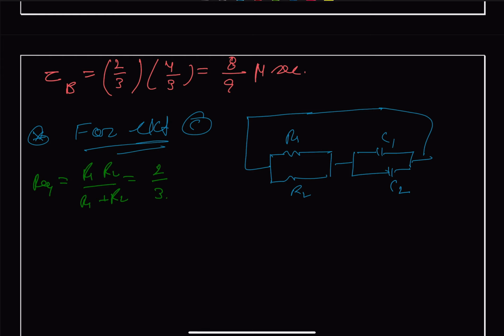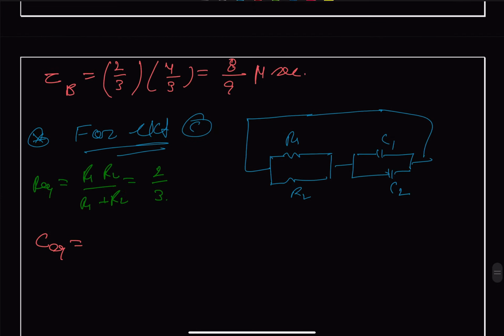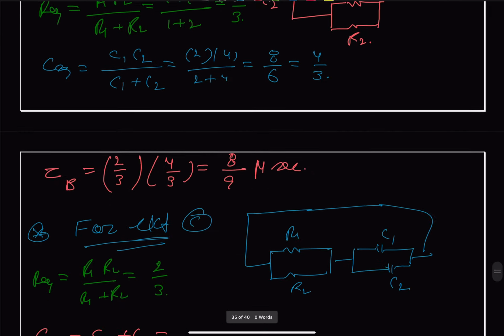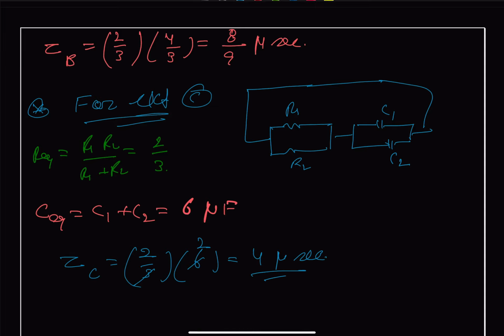And for C equivalent, where C1 and C2 are in parallel, this will be C1 plus C2, which we just found to be 6 microfarad. Therefore, the time constant for circuit C will be equal to 2 by 3 multiplied by 6, and this goes by 2, so we get 4 microseconds.